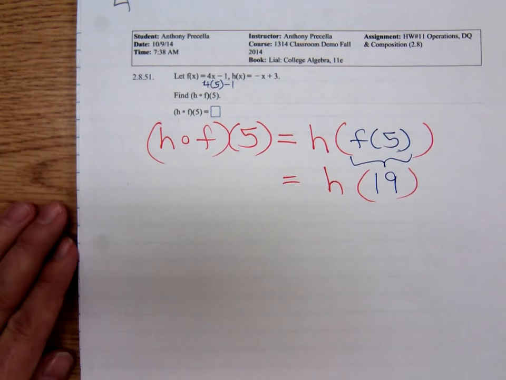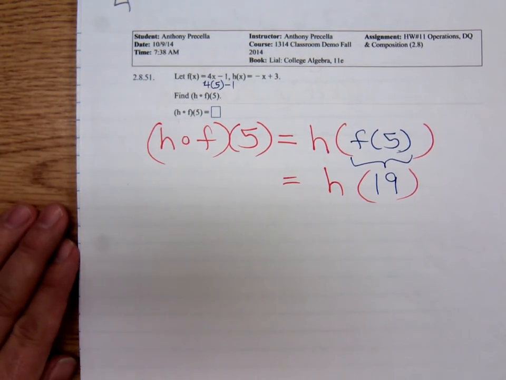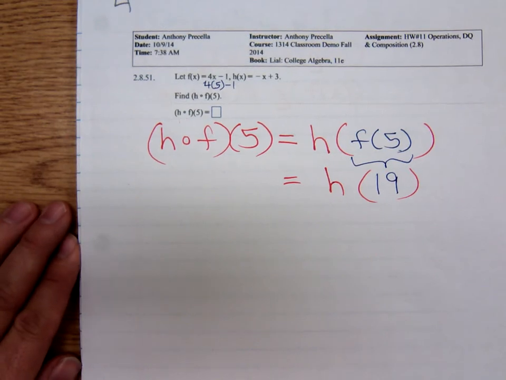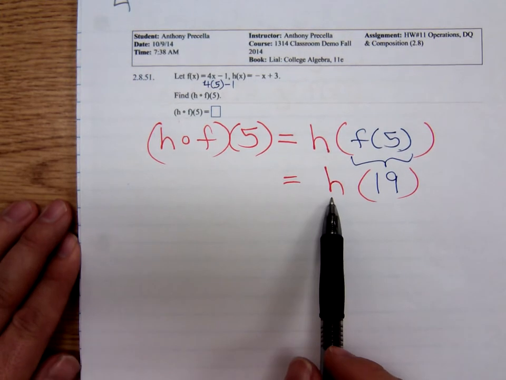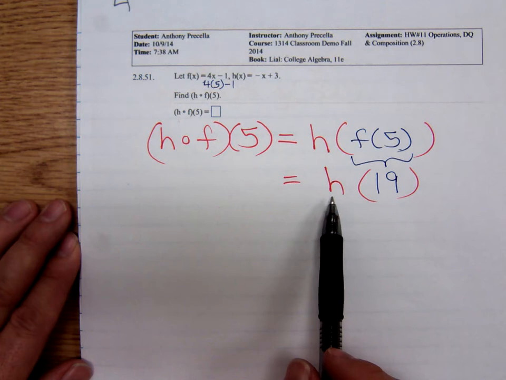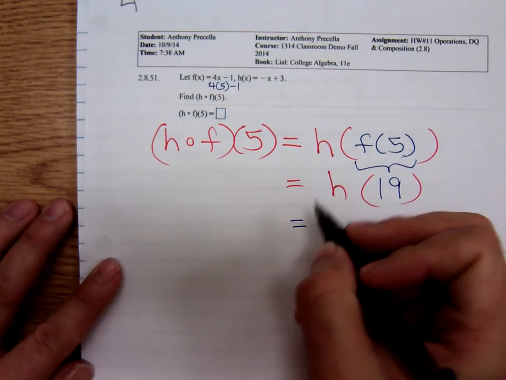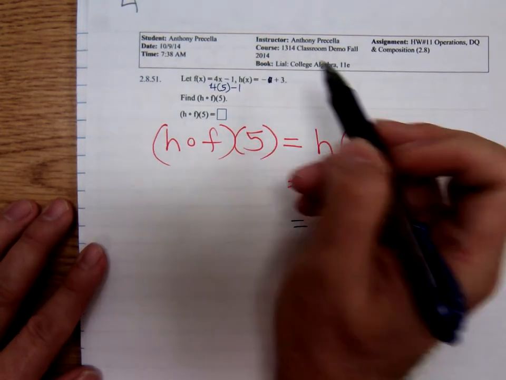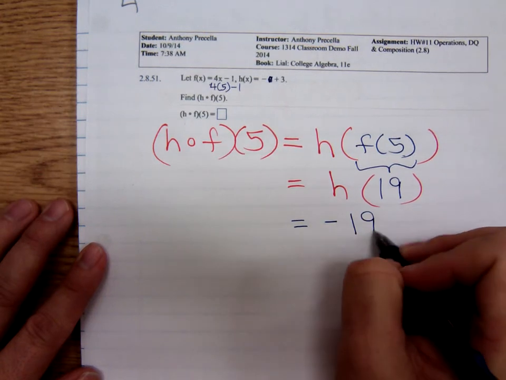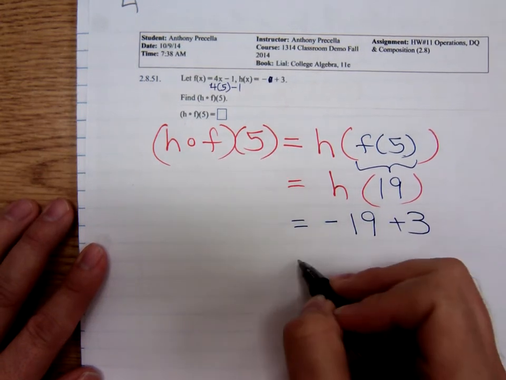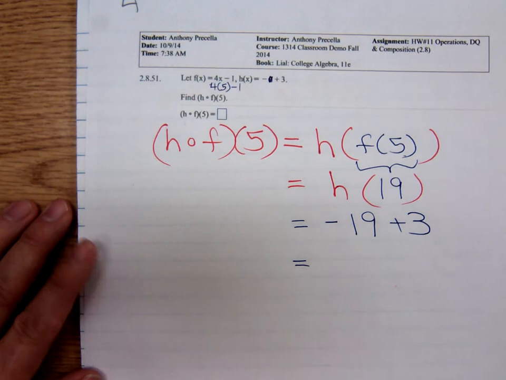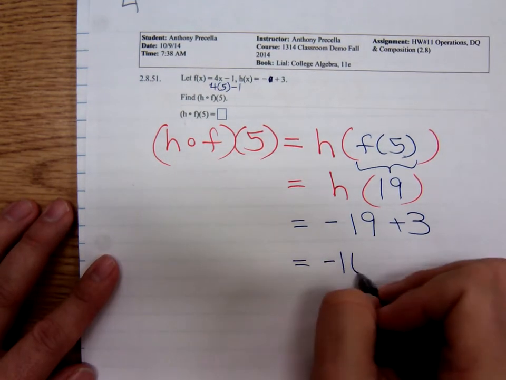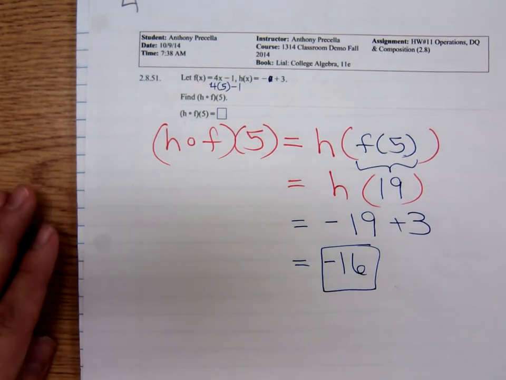Now we want h of 19. What's that saying to do? I'll get us started. We go to the function h, and wherever you see a variable, you're going to plug in 19. So we come up here, where we see that variable, it becomes a negative 19 plus 3. Plugging in negative 19, we get a negative 16 for our final answer.